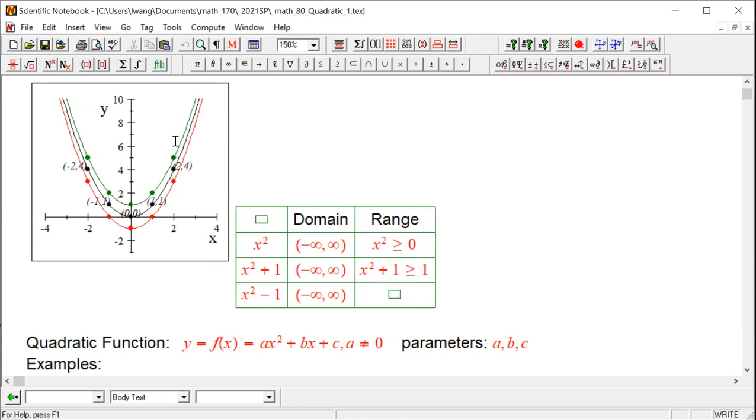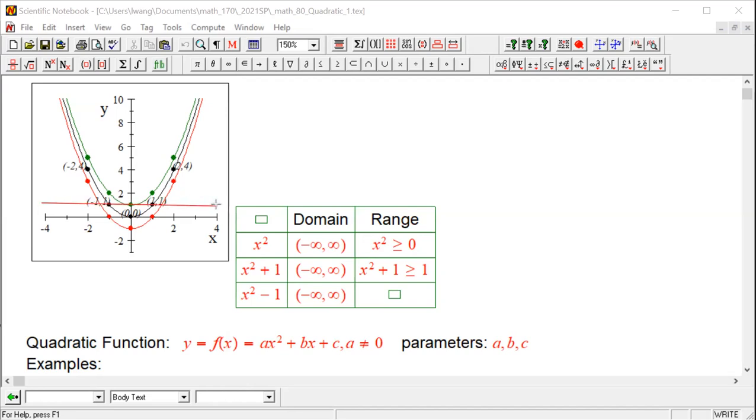And if you look at the green curve, you can see the span of this curve, this is the lowest point. The lowest point, of course, is 0, 1. And the lowest height is 1.